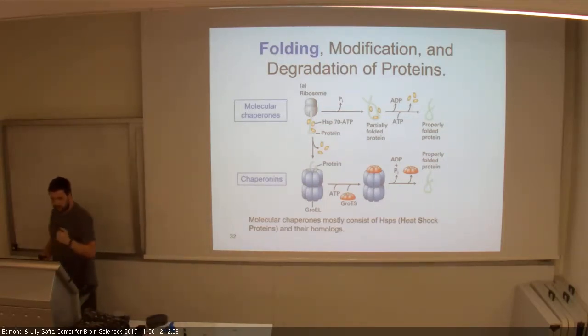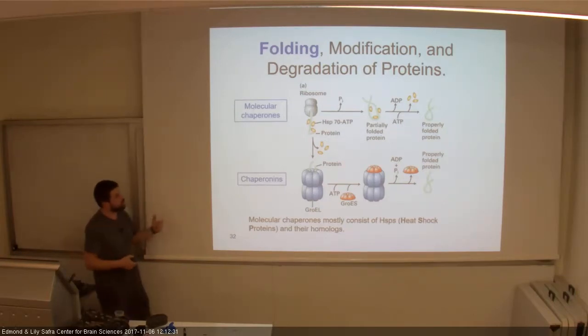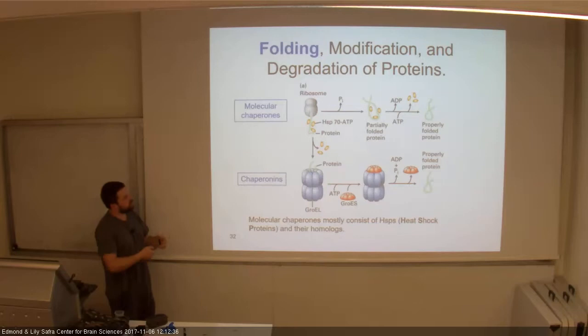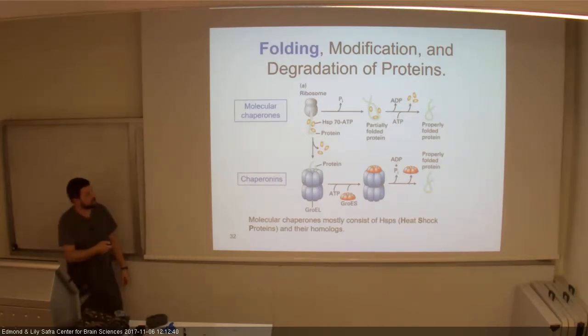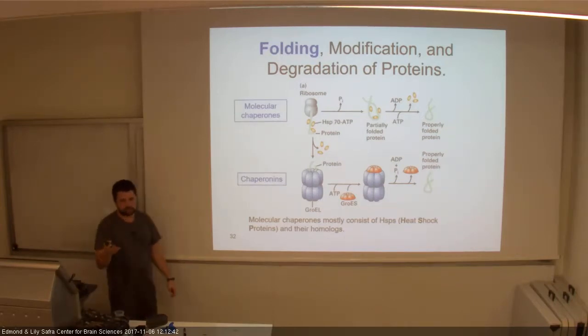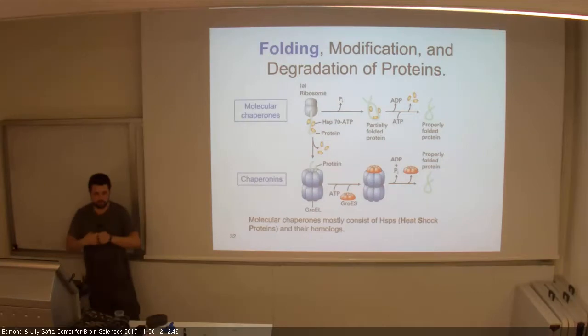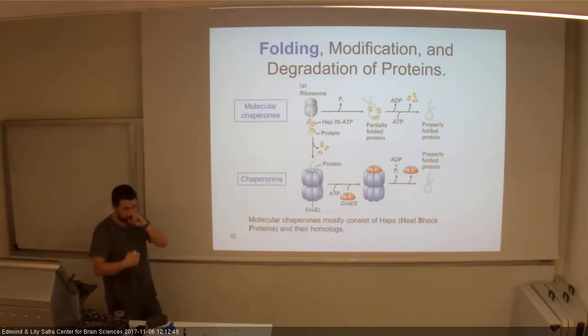So when our bodies undergo a heat shock, a lot of times you see very high expression, the body starts expressing these proteins in very high amounts. Because now you have a lot of proteins that are denatured, and you need to fold them very quickly back to their native state. This is why they got the name heat shock proteins.